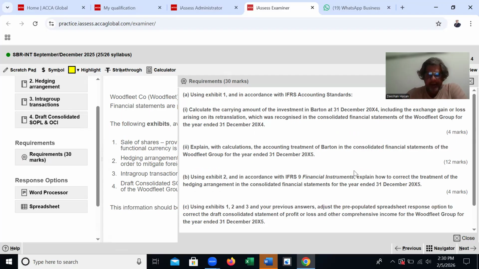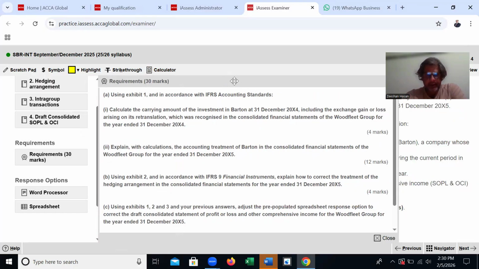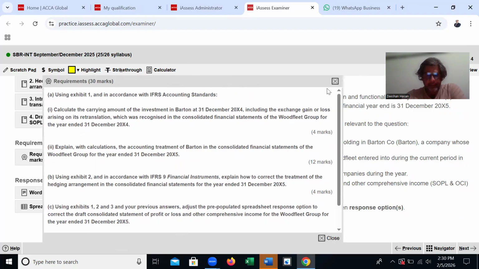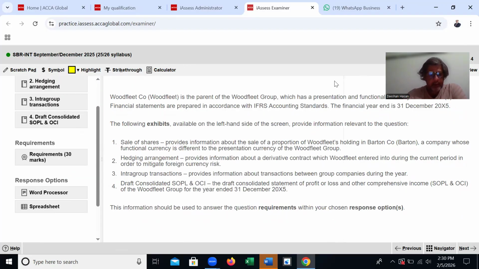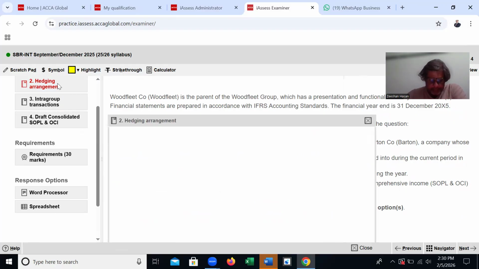Part B, using Exhibit 2 and in accordance with IFRS, explain how to correct the treatment of the hedge generated on 31st December X5. 4 marks available for it only. Okay, understood. We'll look at the requirement, then we will move to this Exhibit 2.